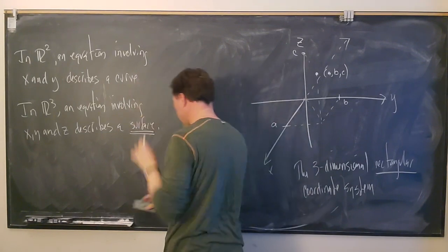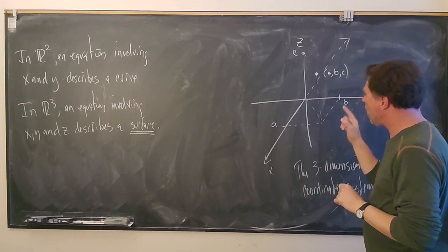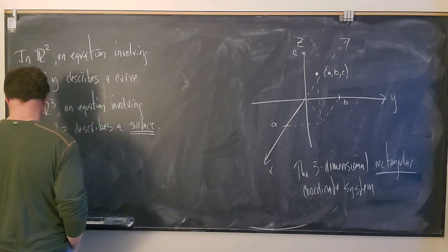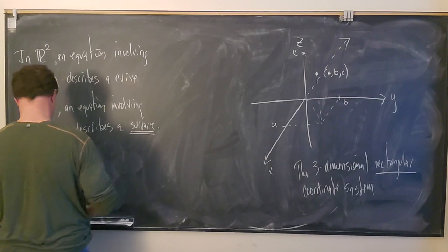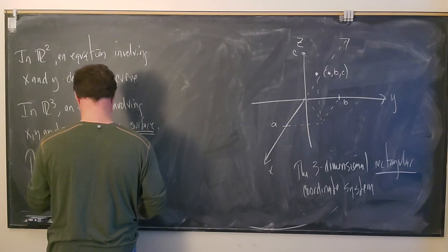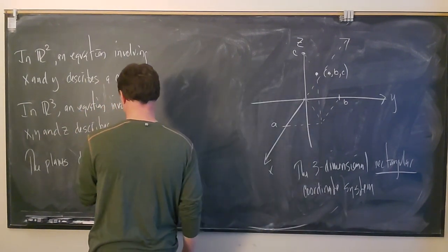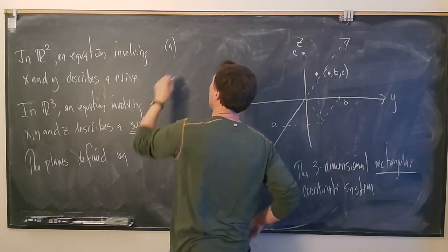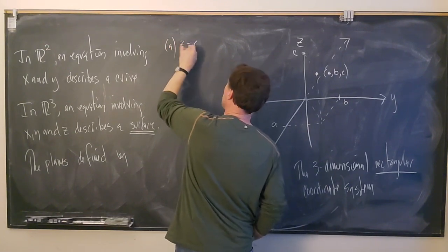So there are now 3 different what are called coordinate planes. These are our first examples of surfaces. The planes defined by, so part A of this, let's do z equals 0.